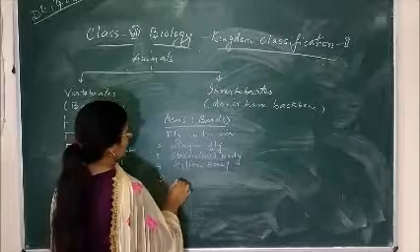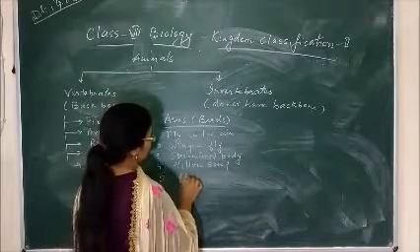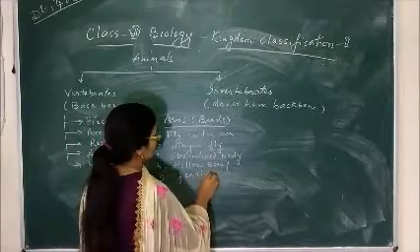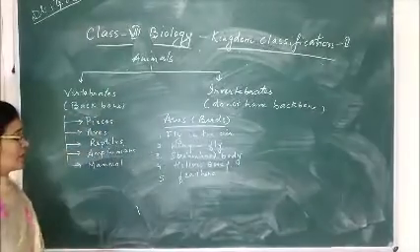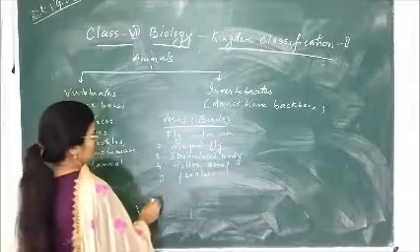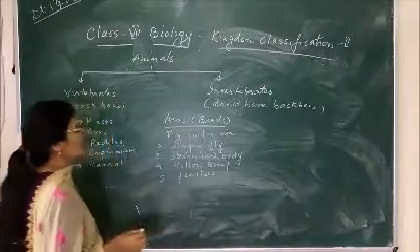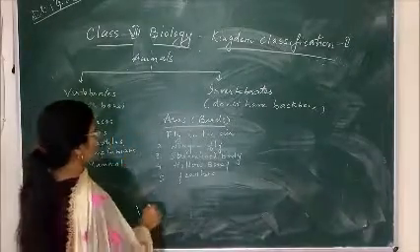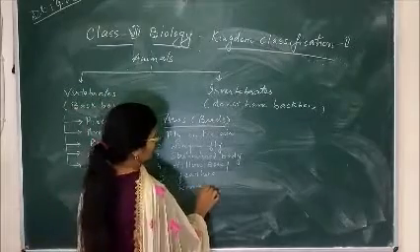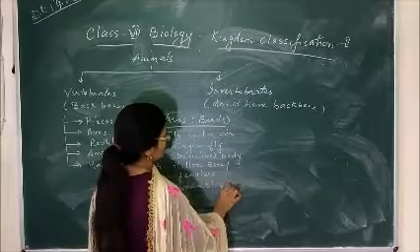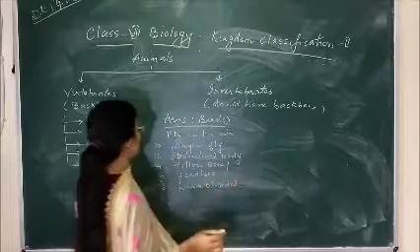And they have feathers. The body is covered with the feathers which protect them from cold environment. So these are the main features of the aves, and one more feature is that they are warm-blooded animals. Means they cannot change their body temperature according to the environment.